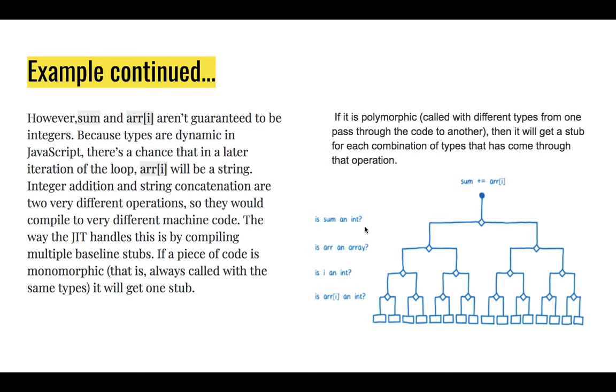And for each of the choices that we have at these diamond shapes, it creates stubs, or different compiled versions. These are all different compiled versions.